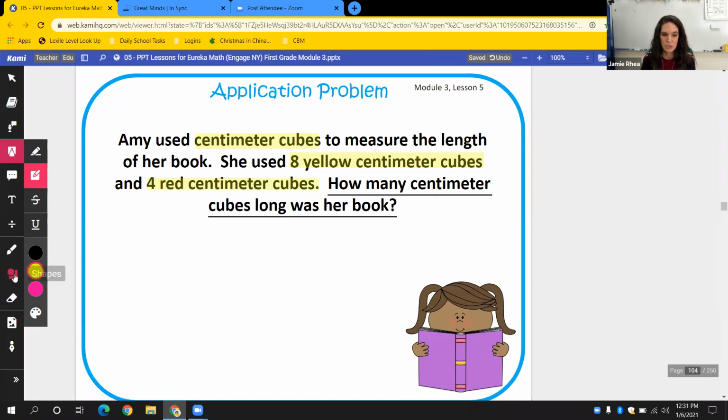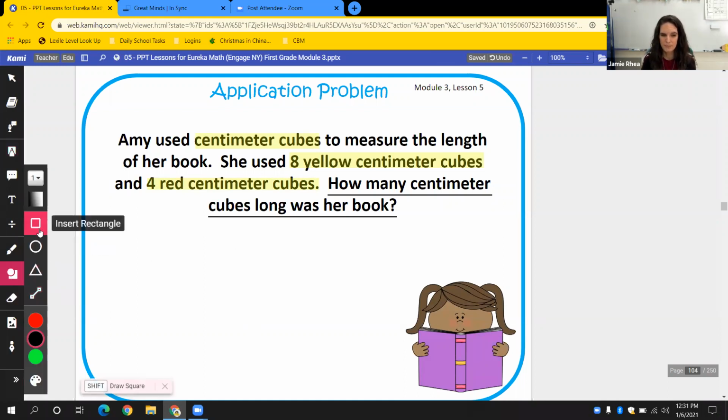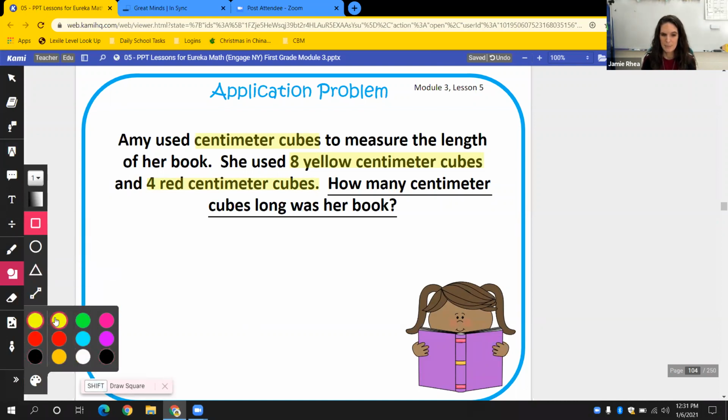Okay, well, let's use what we have here and let's draw a picture, shall we? We have 8 centimeter cubes. So let's make 1, 2, 3, 4, 5, 6, 7, 8.